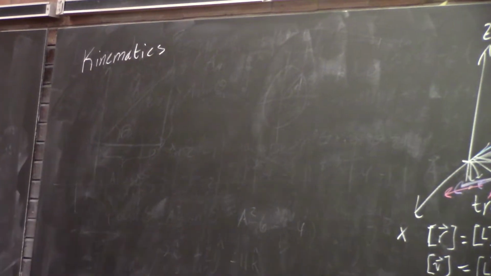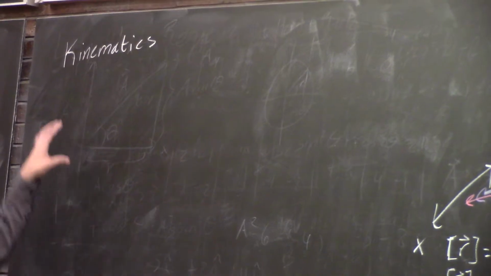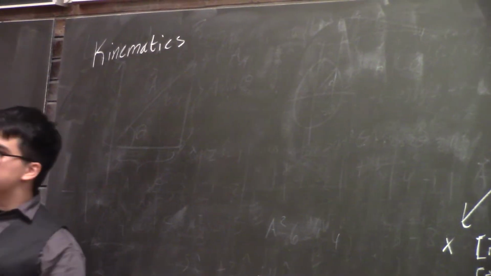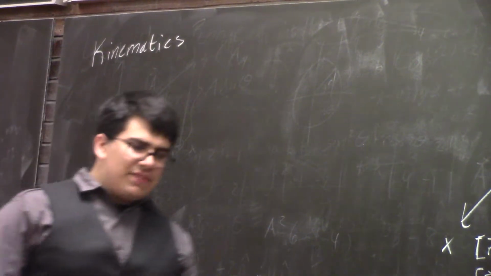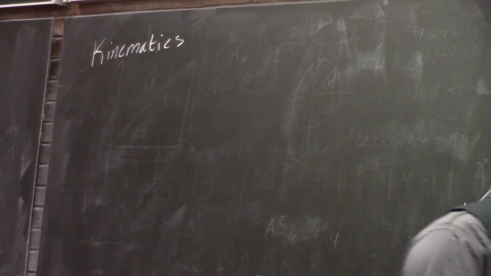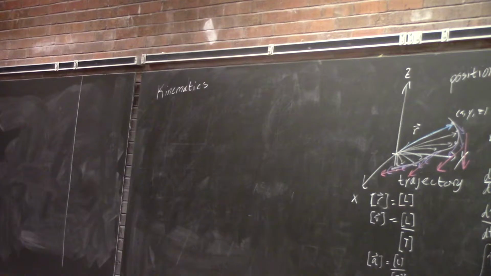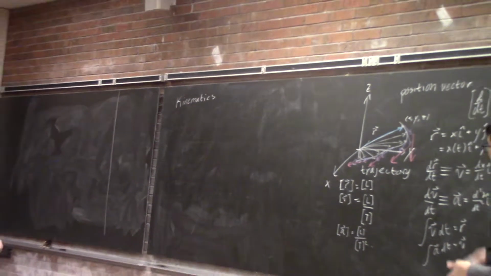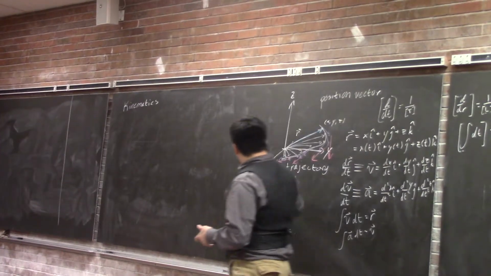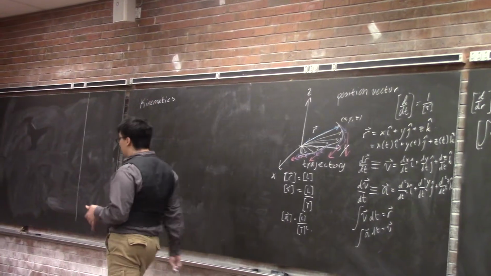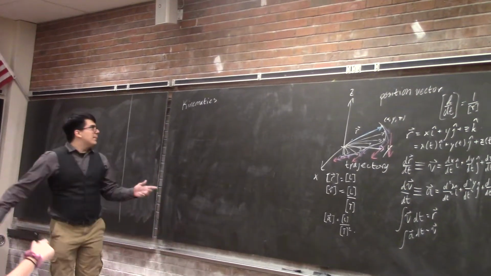Kinematics is essentially the study of how things move, not concerning mass. Essentially, working with these three quantities, r, v, and a. These three quantities are the most important aspects of kinematics.